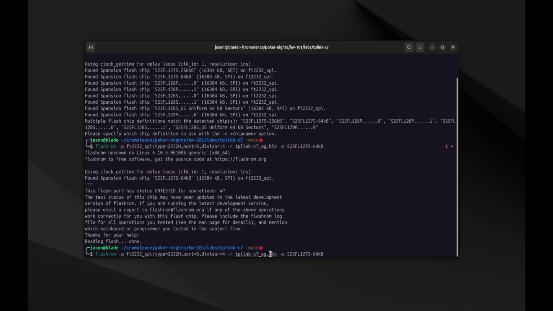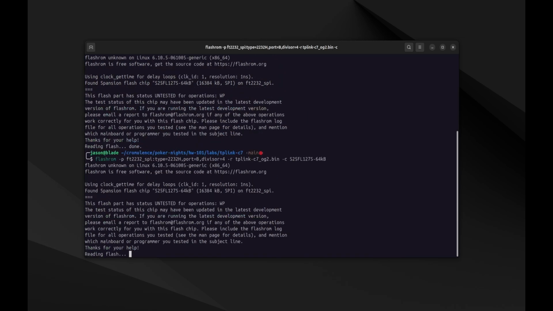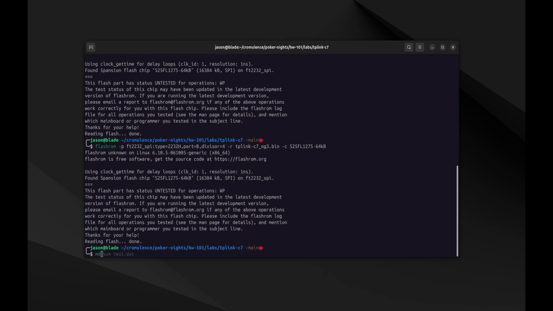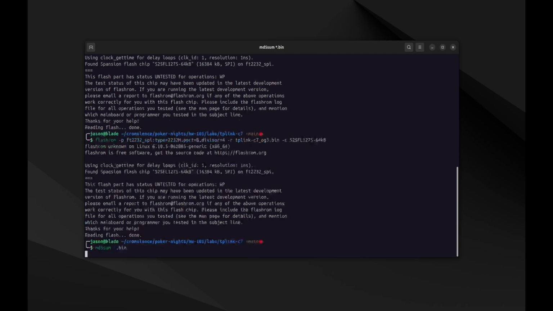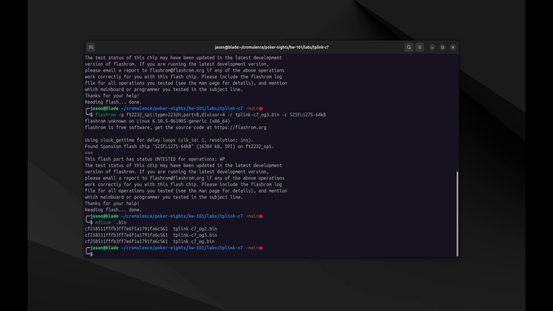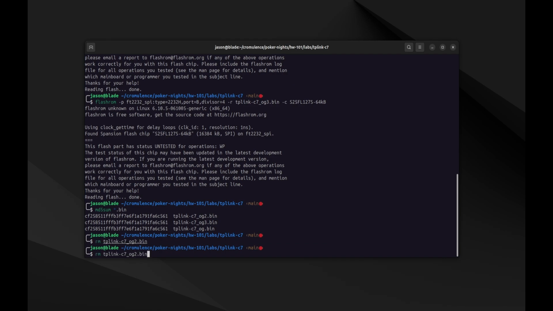And it's a good idea to do this a few times. Yep, and all of the checksums match, so it looks like we have the firmware. So we can go ahead and get rid of these extra ones.